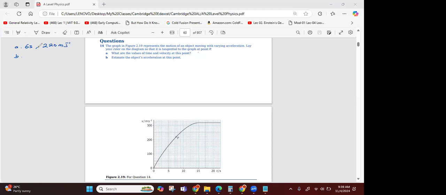The answer is 27.7. What is the acceleration? I'm fine with finding the gradient, so it should be 27.7 meters per second squared.